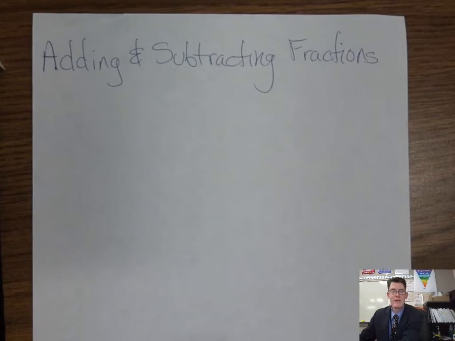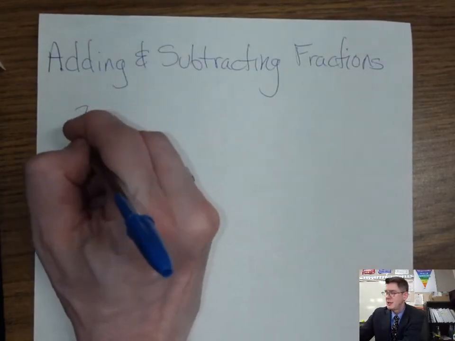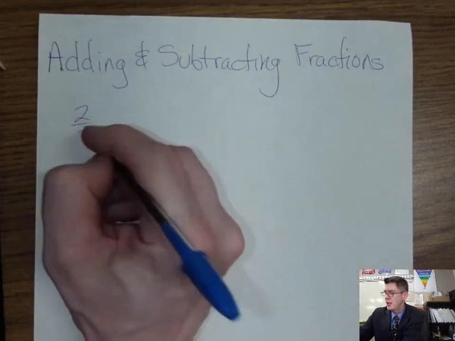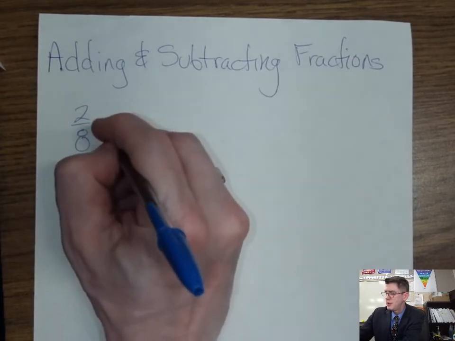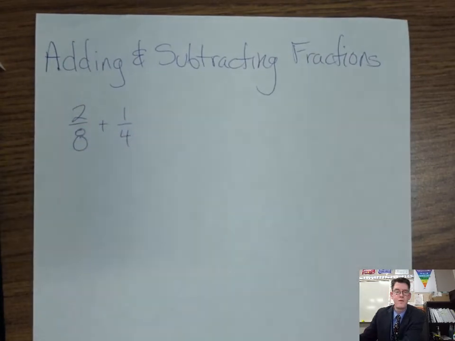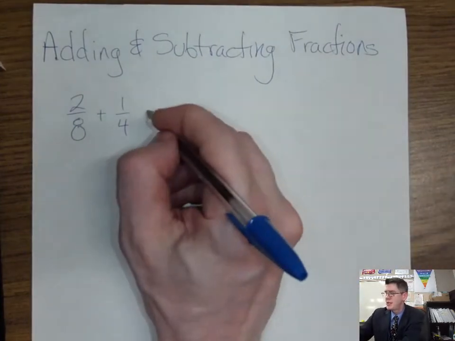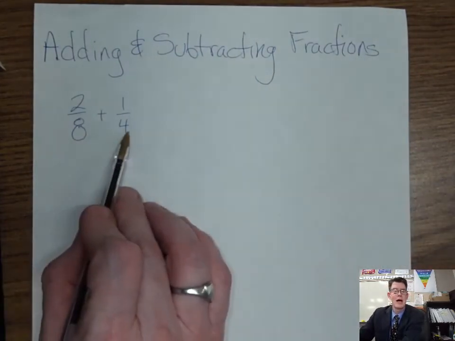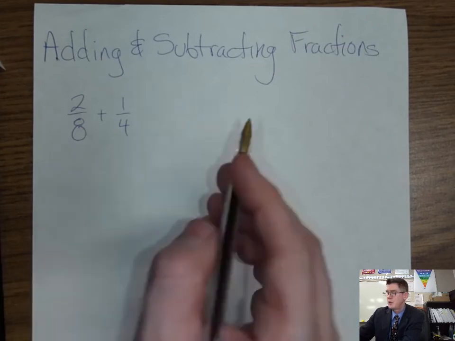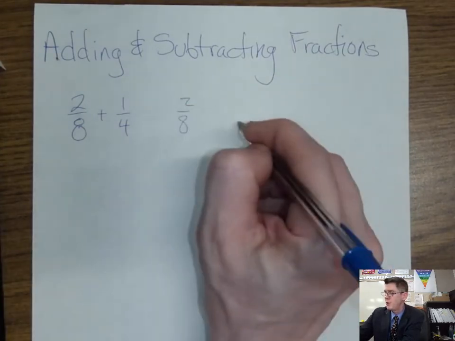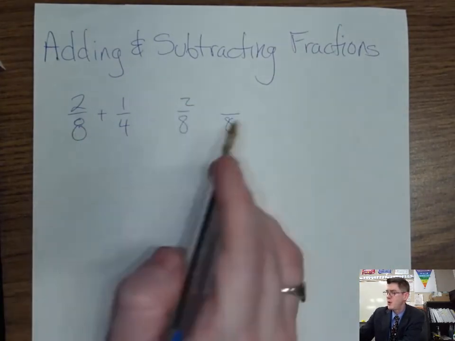We used to have a process. Let's say we had something like 2/8 plus 1/4. In the past, we did a process where we find a common denominator. You see that 8 will work for both of those, and that's 2/8.